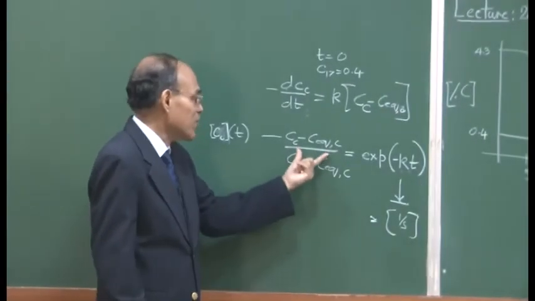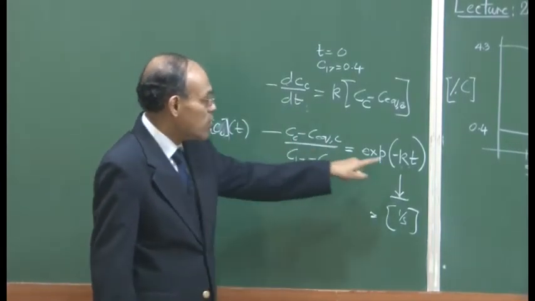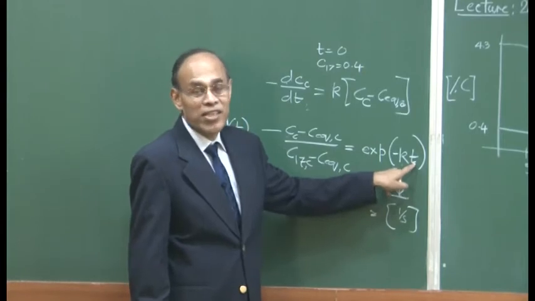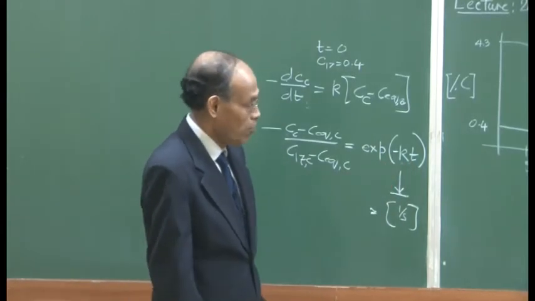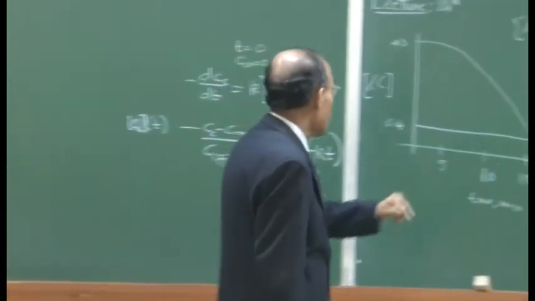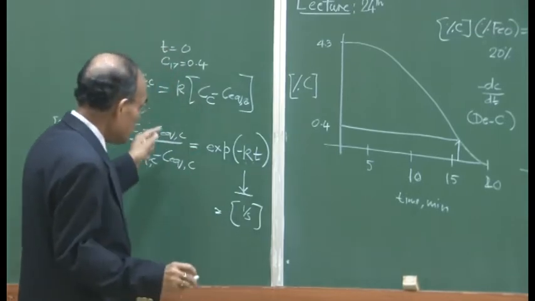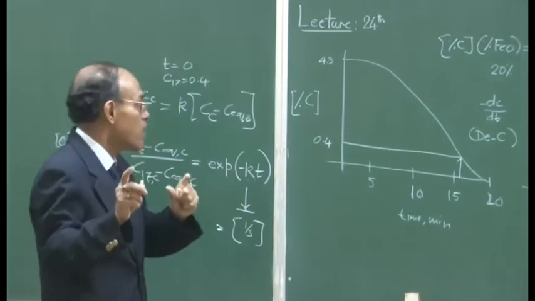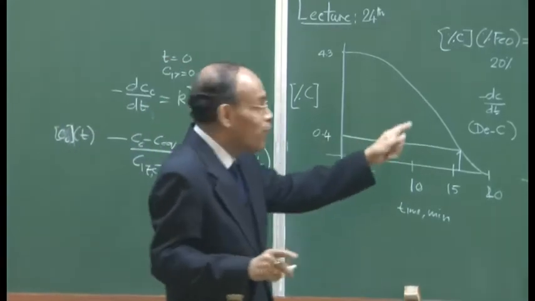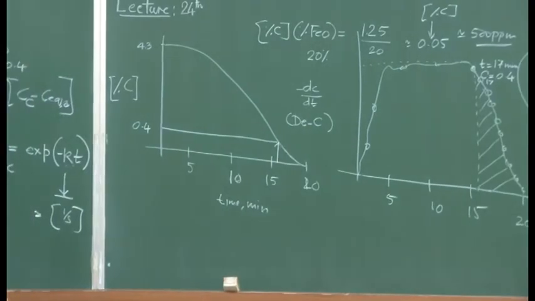The basis of finding out the rate constant is this: if you plot Cc as a function of t on a logarithmic scale, the slope of the line will yield the rate constant that we know from our mass transfer fundamentals. I would like to mention here that in the textbook that I have written and I have asked you to refer, there are some typographical errors as far as this portion of the discussion is concerned.